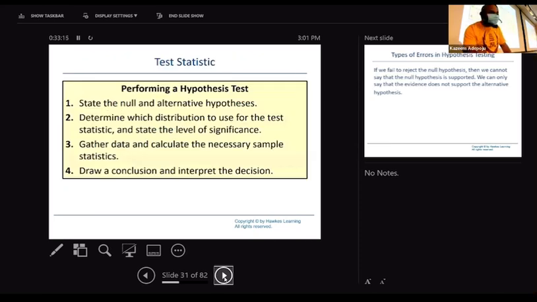Now, I think I've walked you through how you can correctly specify the null and the alternative hypothesis and how you can interpret your conclusion in a hypothesis test when you have taken a decision. Taking a decision is different from conclusion. I'm going to say that again. Taking a decision, which means the decision rule, is not the same as conclusion. It is more or less like in a court of law.